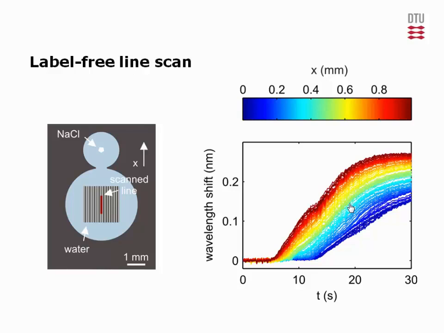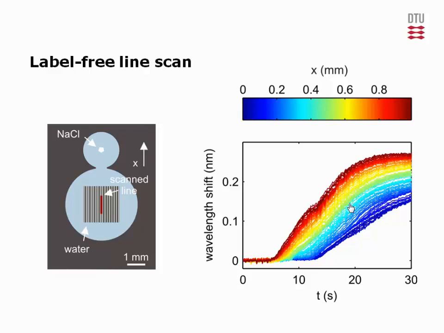There you have a wavelength shift which is corresponding to the concentration of salt in your water, and it's happening earlier here and later here. So this is very nice. It's actually a really good tool, I think, to study the dissolution of solid materials in different liquids.